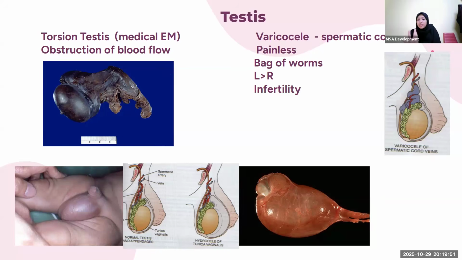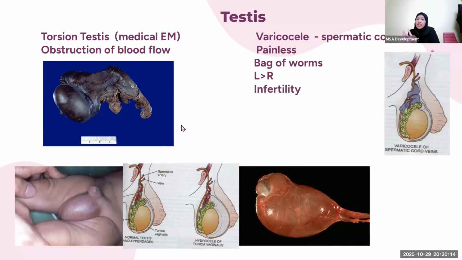If someone comes, mostly young males, with sudden severe pain and a swollen testis, that is an emergency to go to the OR and surgically untwist the cord.